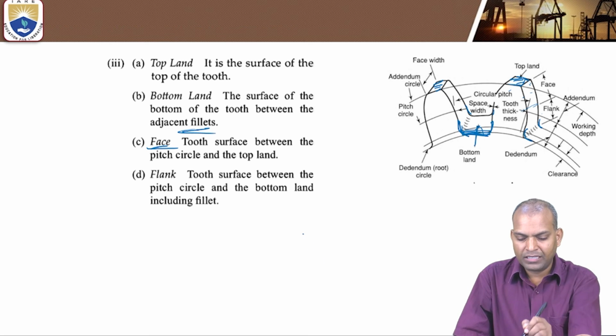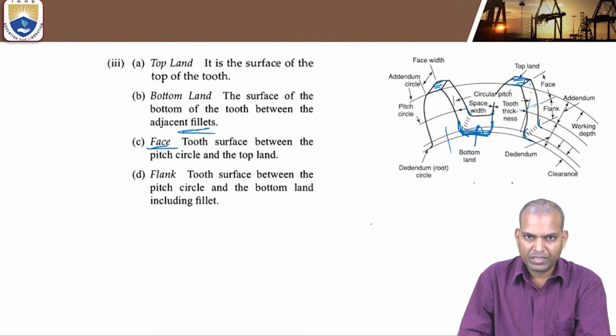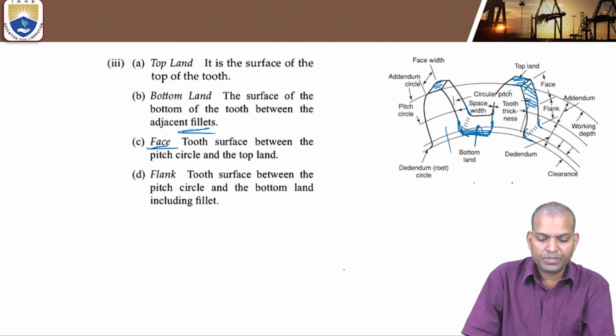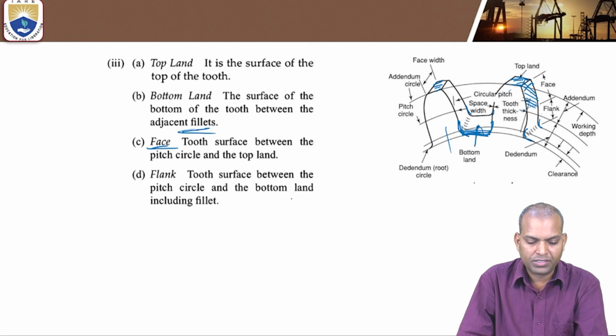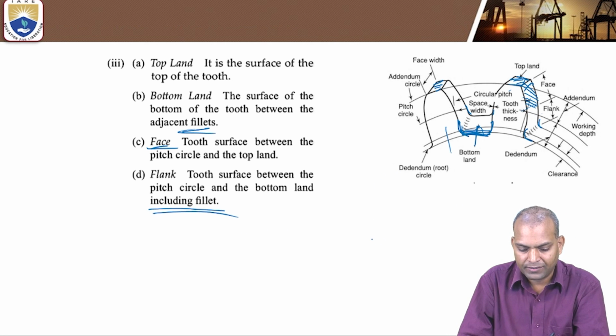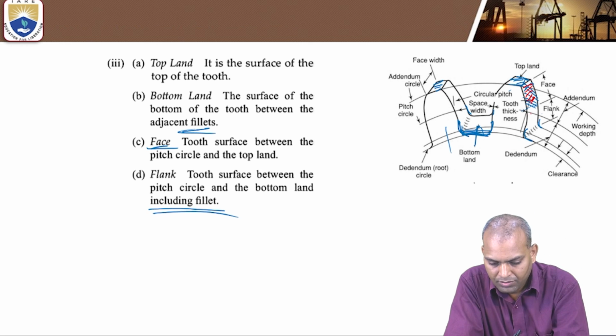This is the face portion. And what is the flank? It is the tooth surface between the pitch circle and the bottom land, including the fillet. This other portion is the flank.